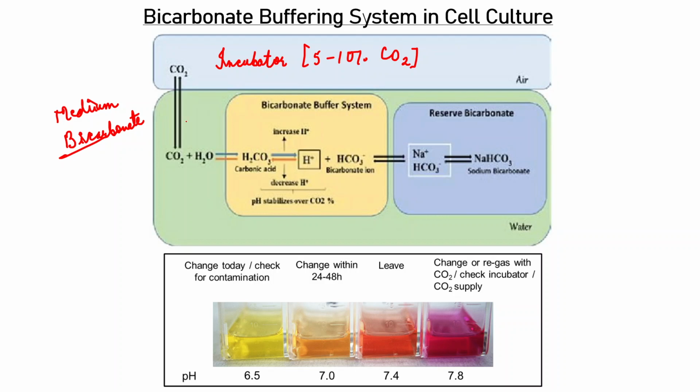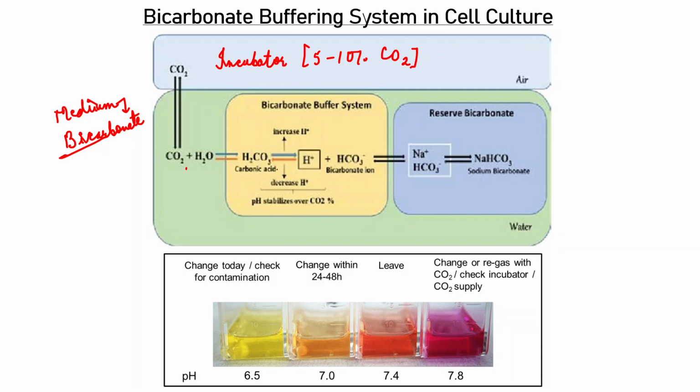So what will happen is CO2 can diffuse in and out of your medium. So once your CO2 combines with water, it can form carbonic acid, which can further dissociate into H plus ions and bicarbonate ions.